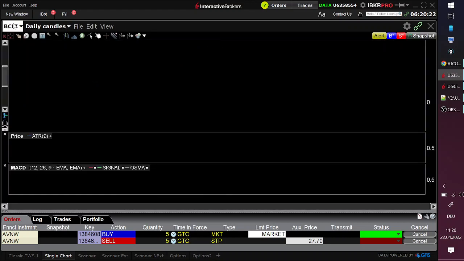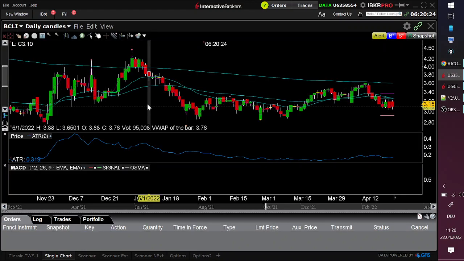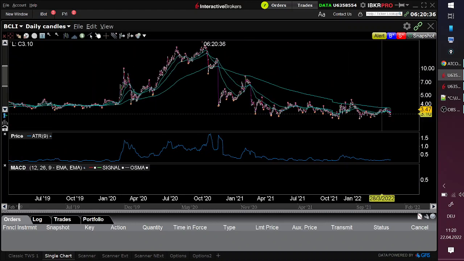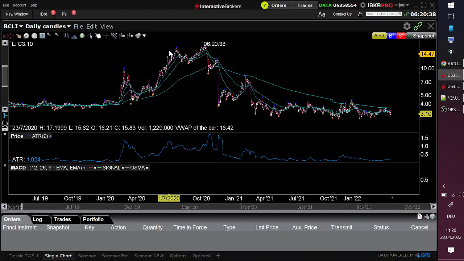BCLI, and ignore the MACD, ignore the ATR at the moment, it's not important for you. Just look at the price dynamics. So you can see here daily candles. Let's zoom out a little bit. Okay, this has been like the last year, it's like 2020, it's a downtrend as we can see.